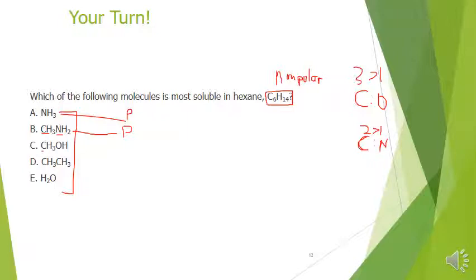Again, this rule over here, so this would also be polar. Okay, this is nonpolar. No oxygens or nitrogens, etc. And then we know that water is polar. So we know that this one, which is ethane, is our pick.